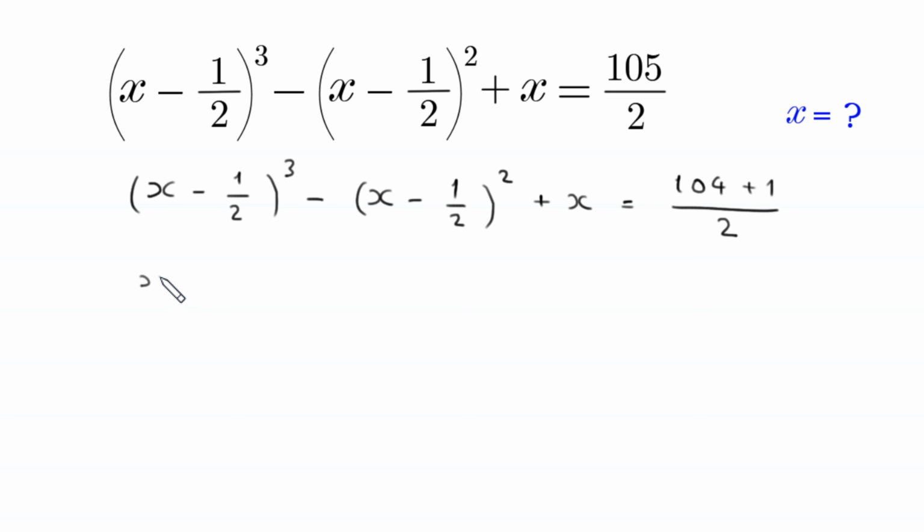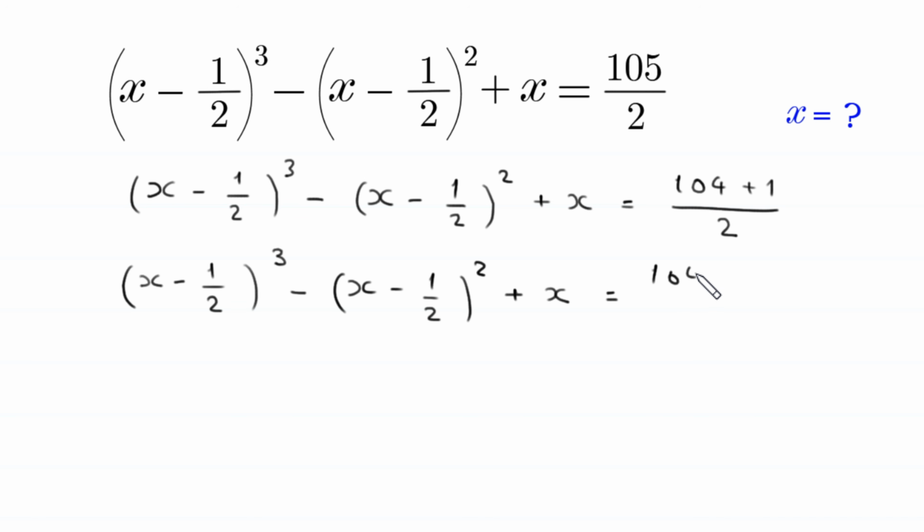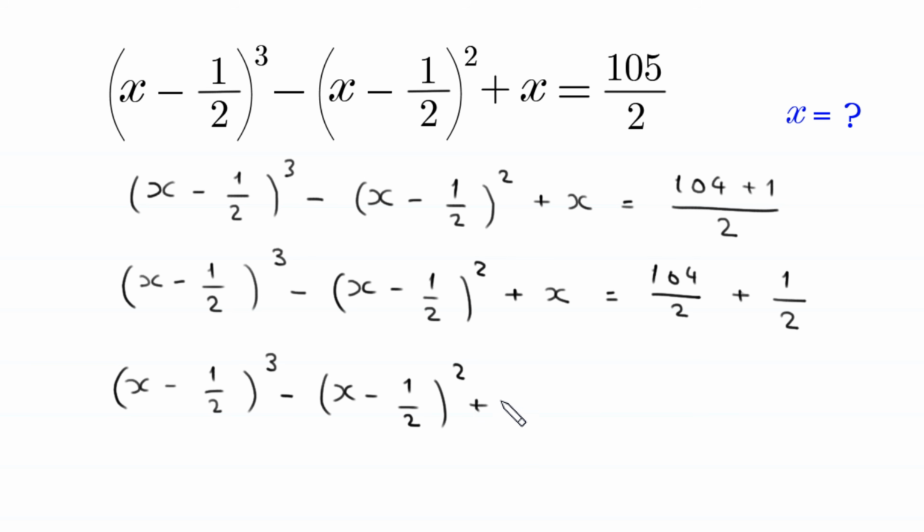Next, (x - 1/2)^3 - (x - 1/2)^2 + x is equal to 104 + 1 over 2, which can be written as 104/2 + 1/2.